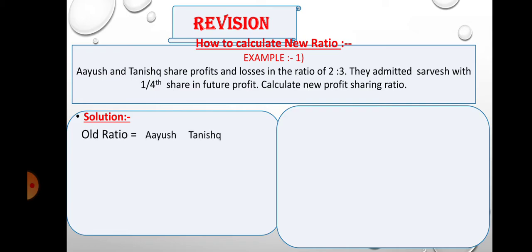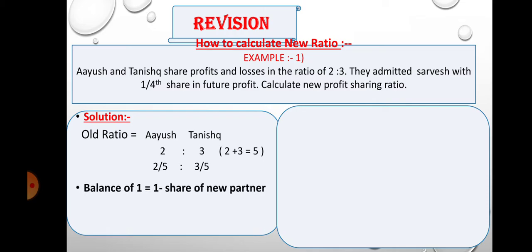Solution. First, the old ratio of Ayush and Tanish is calculated. Ayush's share is 2 and Tanish's share is 3, meaning 2 plus 3 is equal to 5. So the old ratio is 2/5 and 3/5.